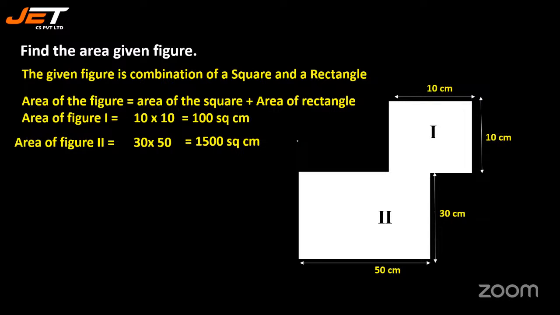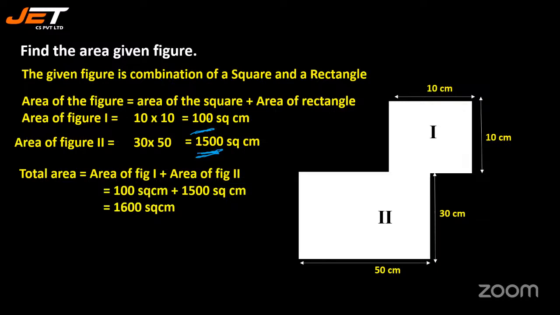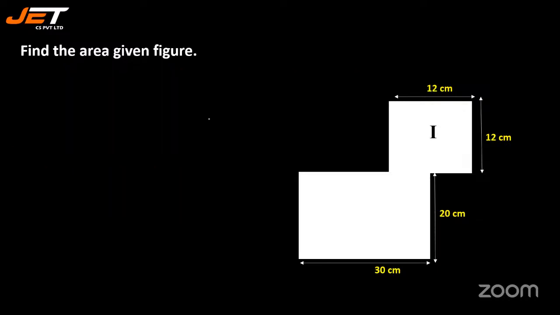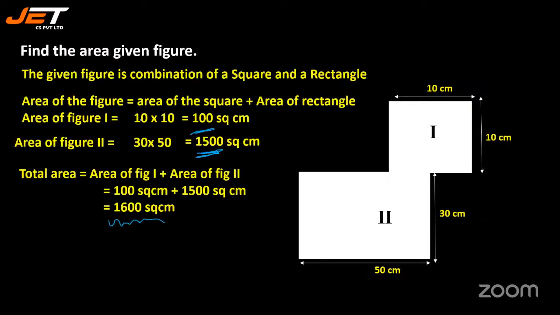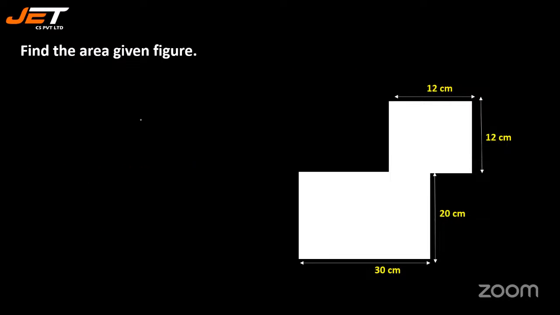Now to find the total area, we add the area of the square, 100 centimeters square, and the area of the rectangle, 1500 centimeters square. So 100 plus 1500 is 1600 centimeters square. I hope it's clear. Let's see the question related to this.